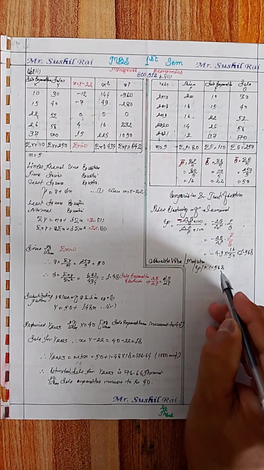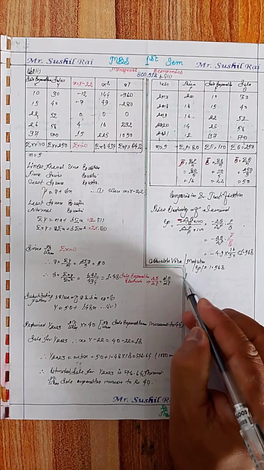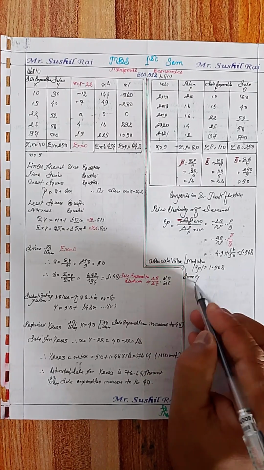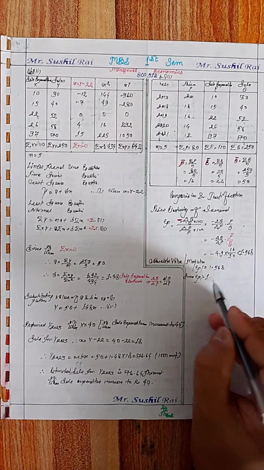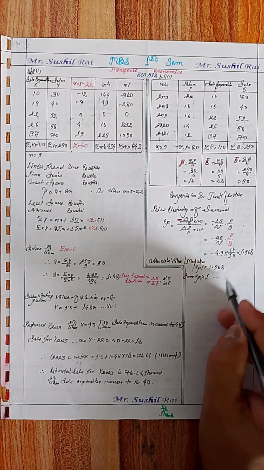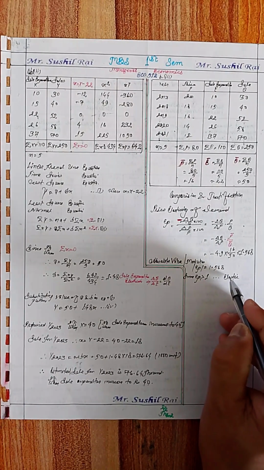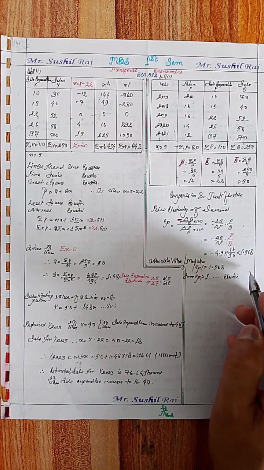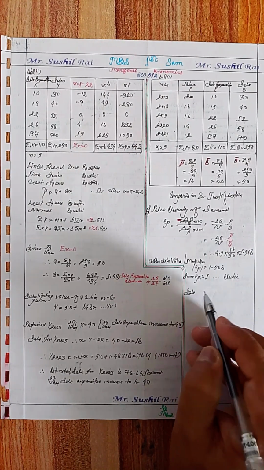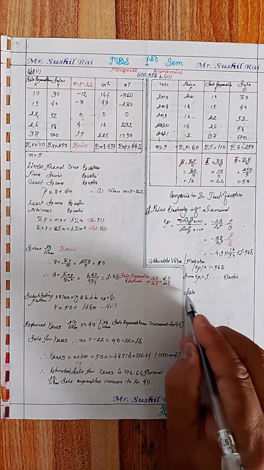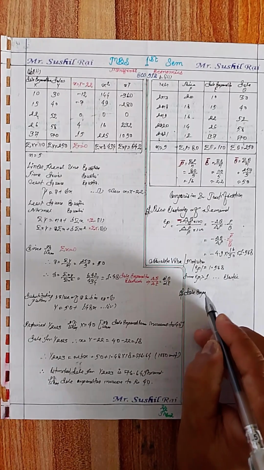Since EP is greater than 1, it is elastic. Sale expenditure elasticity of demand.